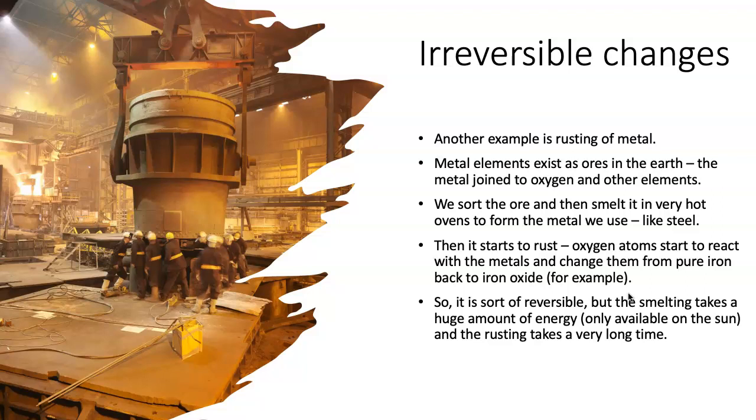So basically we take that ore from the Earth, we smelt it in a huge furnace, like we've got here in the picture, create a pure block of iron, and from that moment it starts to rust because it wants to react with the oxygen, and so we've got to treat it in such a way as to stop that happening. So in a sense it's reverting back to being the ore. It just takes an extremely long time. And we probably haven't got the energy available to do that. But rusting is one of these irreversible forms.